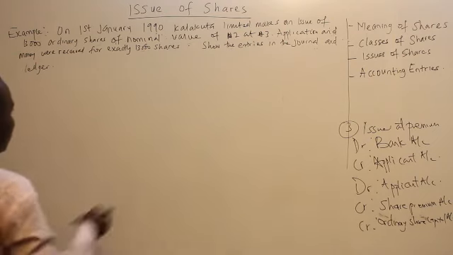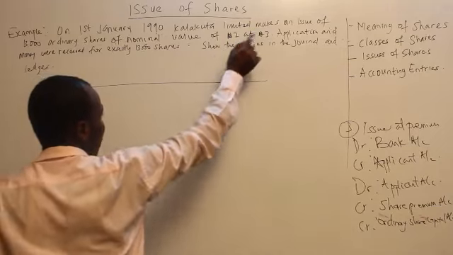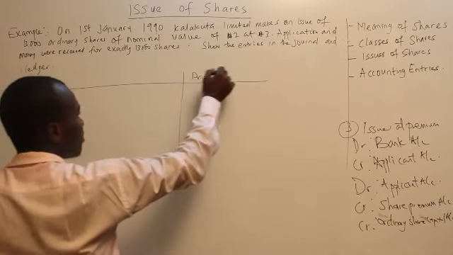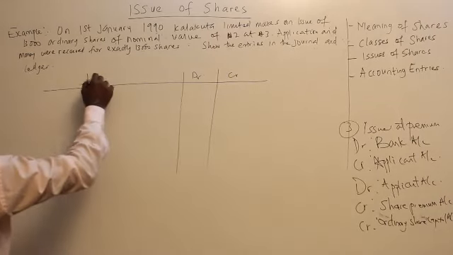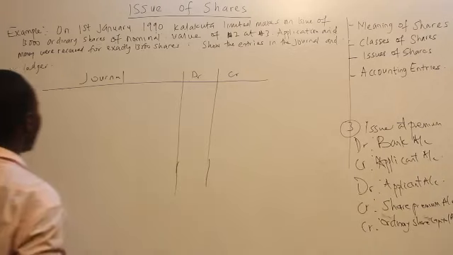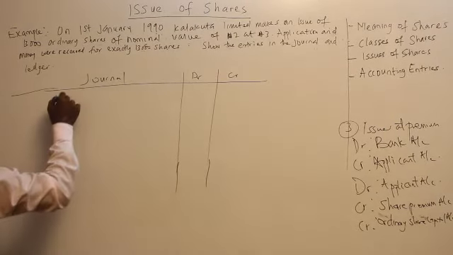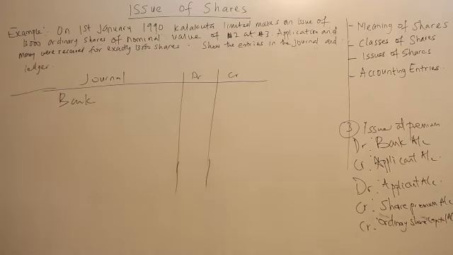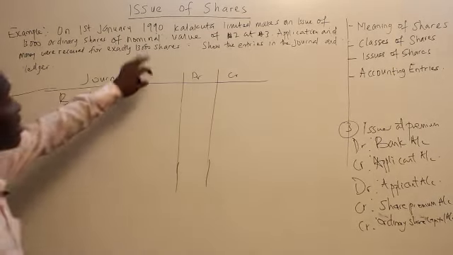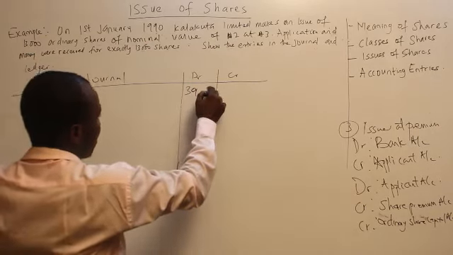So we can have the journal. This is the amount to be paid for the share by the applicant. So we have debits and credits. When money is received or collected from applicants, we are going to debit bank account. The value of each share now that is being issued is 3 naira, not 2 naira this time around. So 3 naira times 13,000, we are at 39,000 naira, the money received.